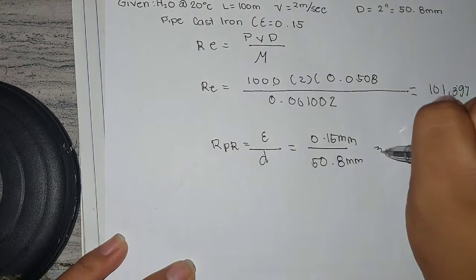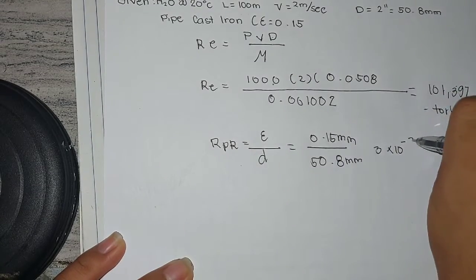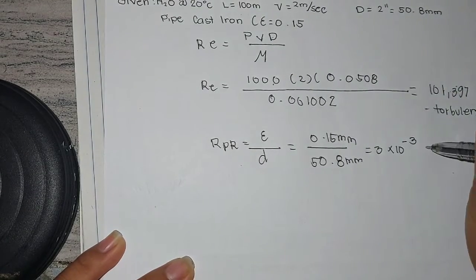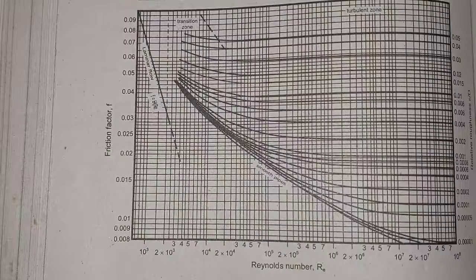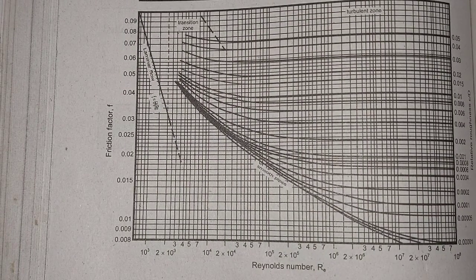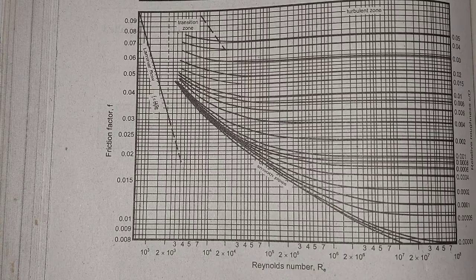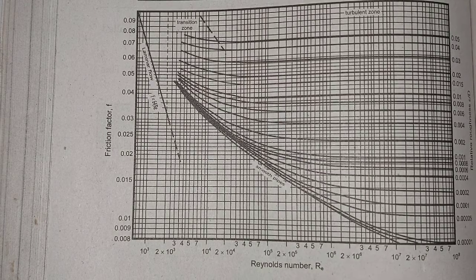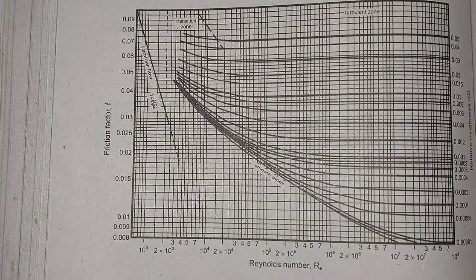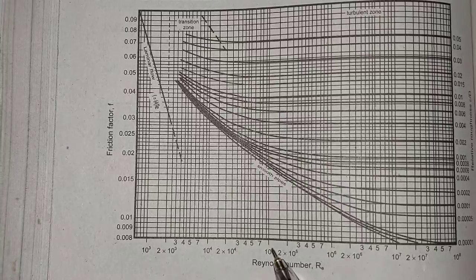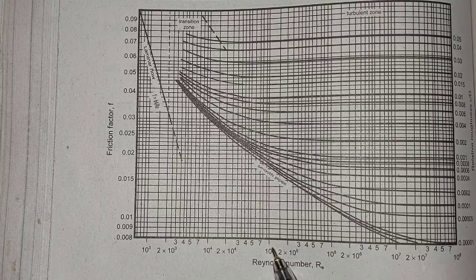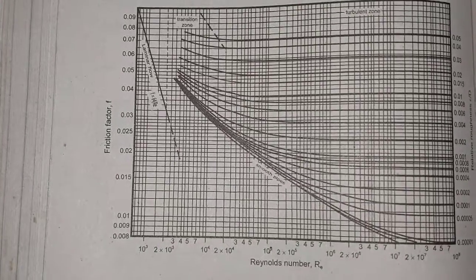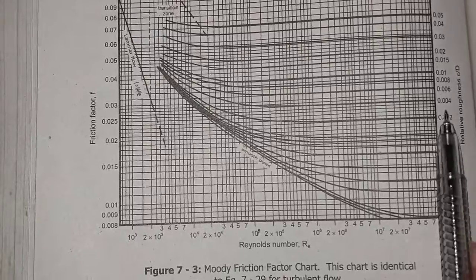So that will be 3 times 10 raised to the power of negative 3, or 0.003. So as we remember, we have our Reynolds number of 100,397, so that is approximately 10 raised to 5, and then our relative roughness, which is 0.003.